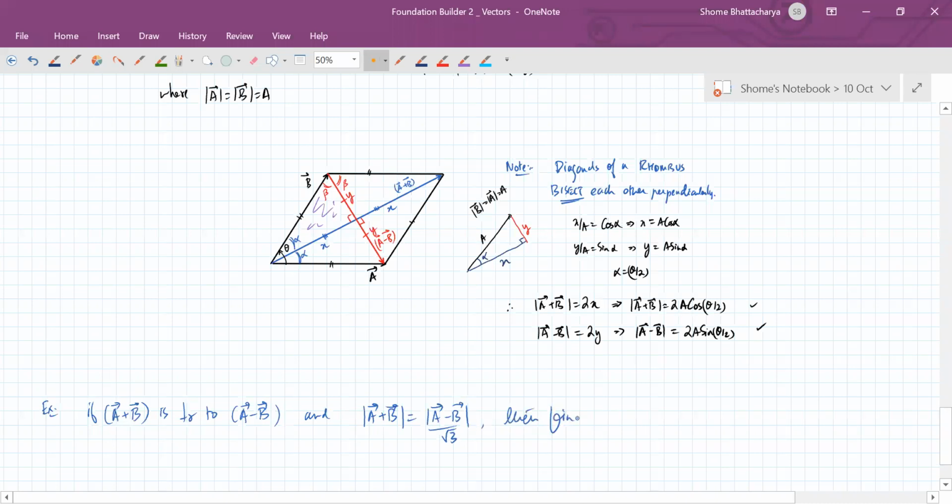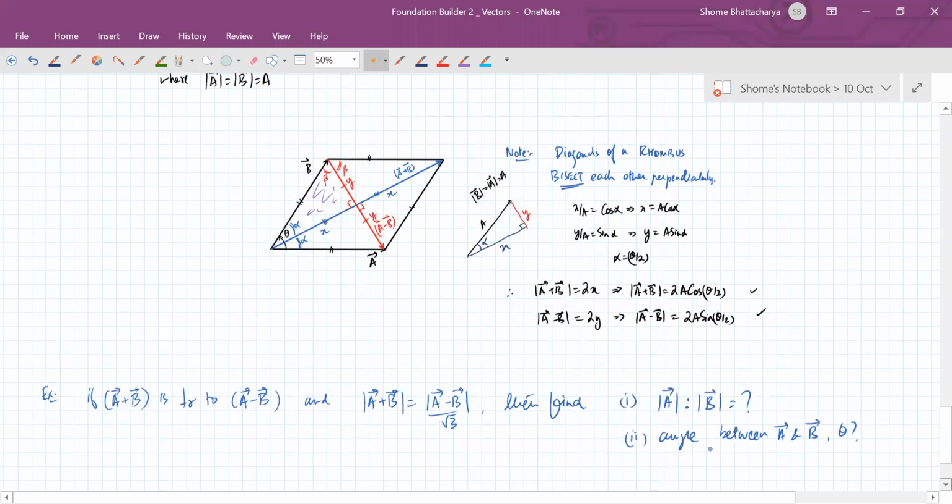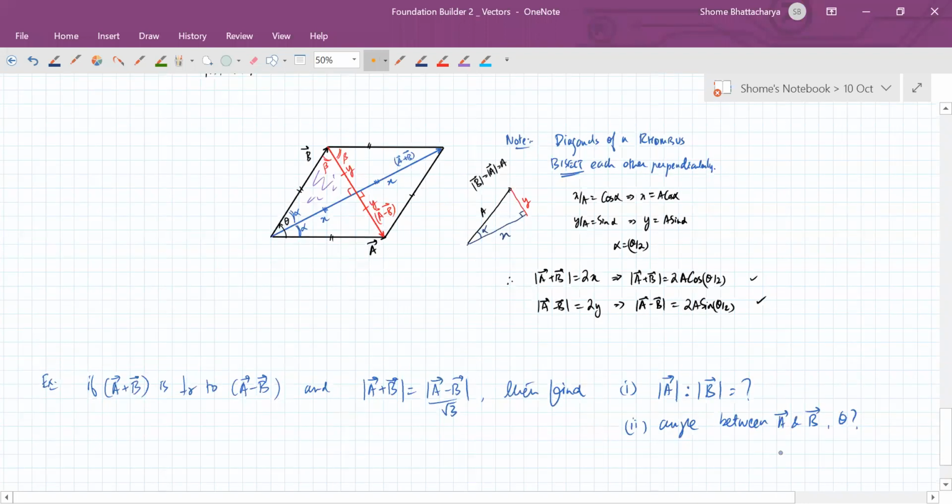Then find, first of all, the ratio of mod A to mod B, and secondly, the angle between A and B, that is theta, and the angle between A plus B and A, that is alpha. Okay. Just try this out, people.